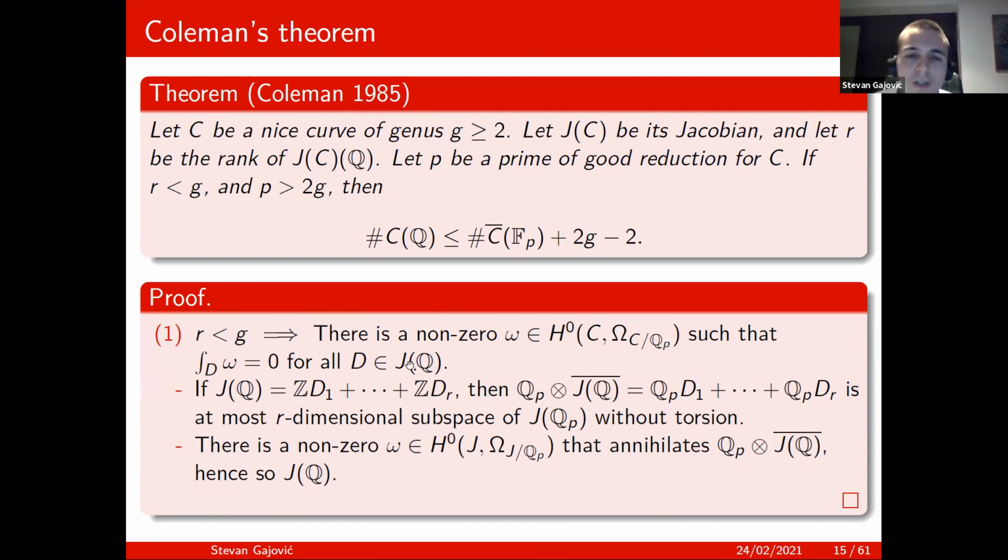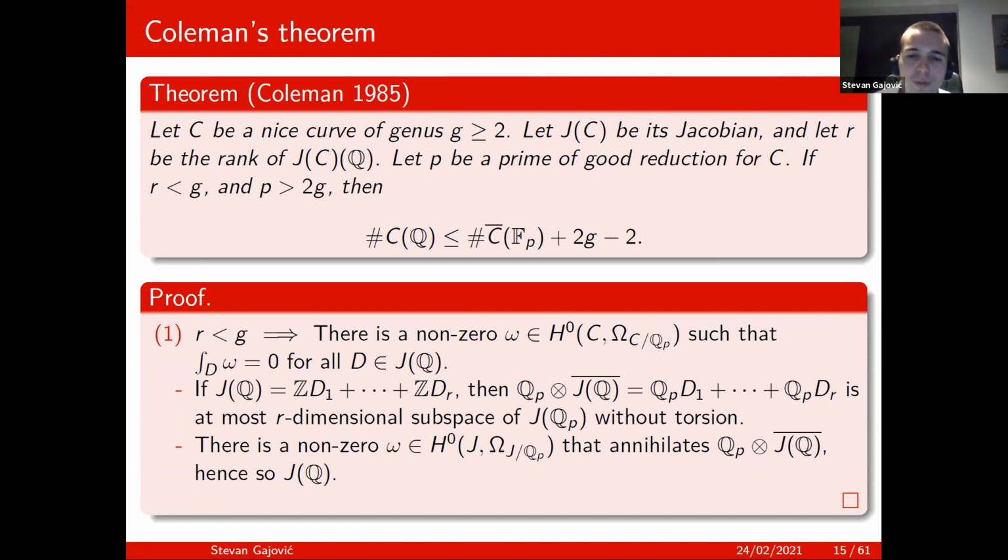Formally, we have something generated by r generators and g conditions, so we get a homogeneous system with more equations than variables, and this system will have a non-zero solution.